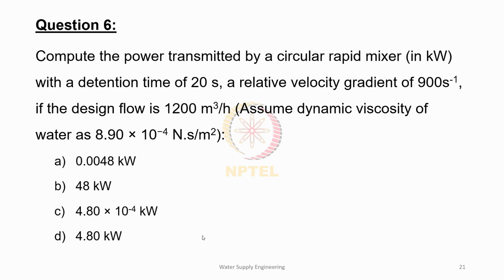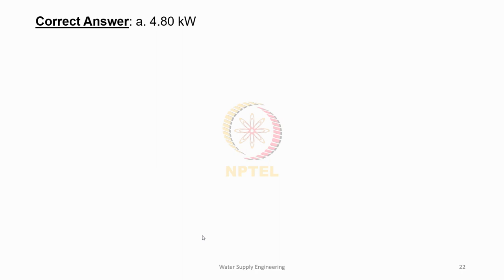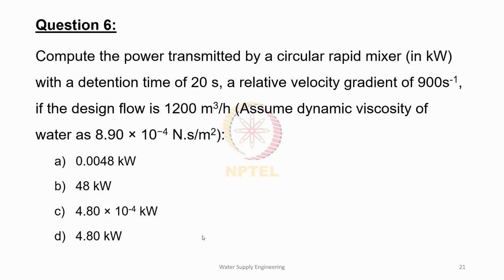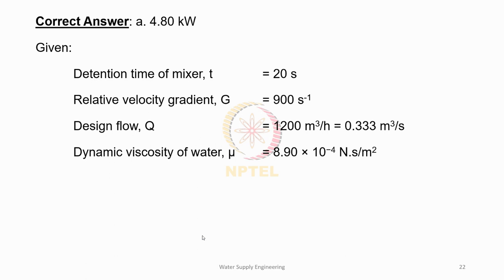Okay, so let's see how to solve the problem. The correct answer is 4.8 kilowatt. Sorry, that's option D. It is given that the detention time of the mixer is 20 seconds.